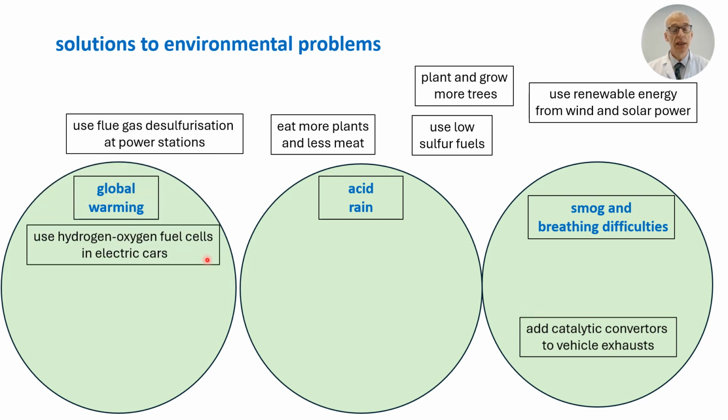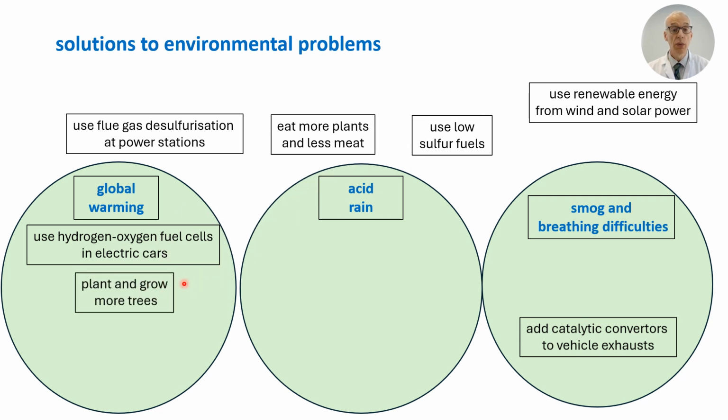Global warming is caused by carbon dioxide from the burning of fossil fuels. If we can power cars in a different way with a hydrogen-oxygen fuel cell, that would save on carbon dioxide emissions. We could also absorb some carbon dioxide from the atmosphere by planting and growing more trees.